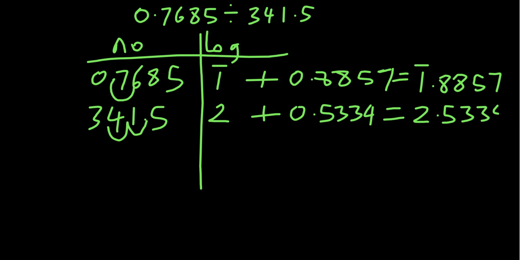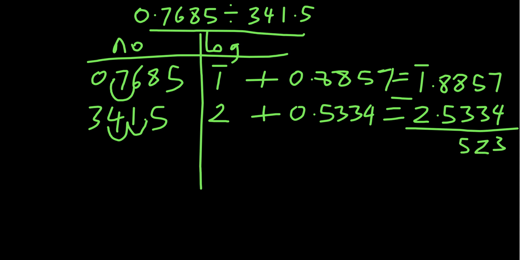Because you are dividing these numbers, you have to subtract their indices. 7 minus 4 will give you 3, 5 minus 3 will give you 2, 8 minus 3 will give you 5, 8 minus 5 will give you 3. Now listen very carefully. Bar 1 minus 2 will give you bar 3. If you want to get the numbers back, you have to find the anti-logarithm of this mantissa. Here you have anti-logarithm of 35 under 2 difference 3.